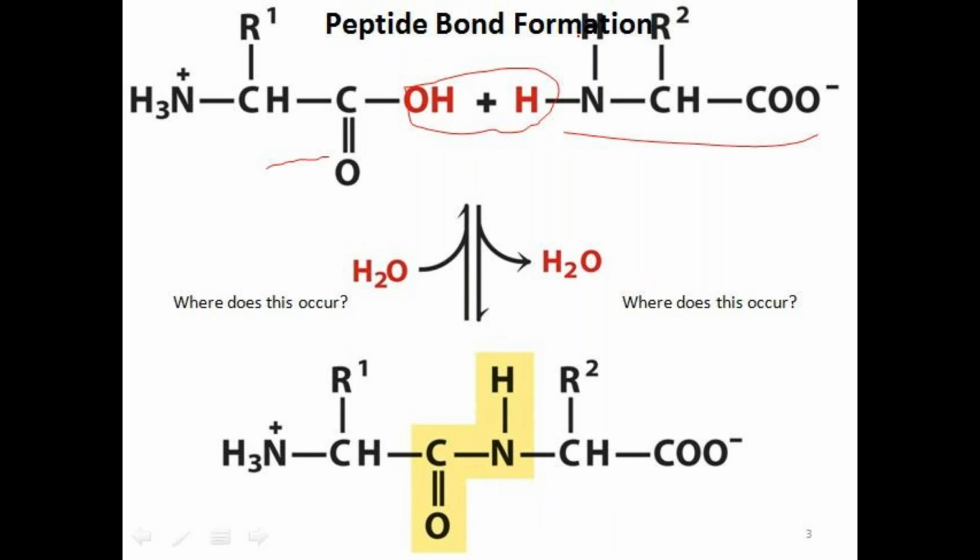Whereas tripeptide means three amino acids and two peptide bonds. Good.